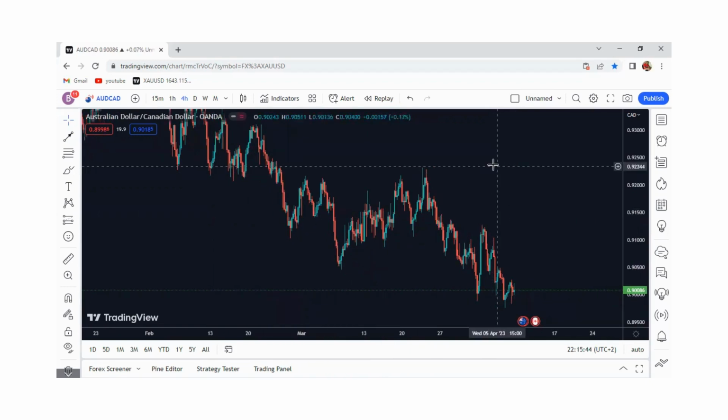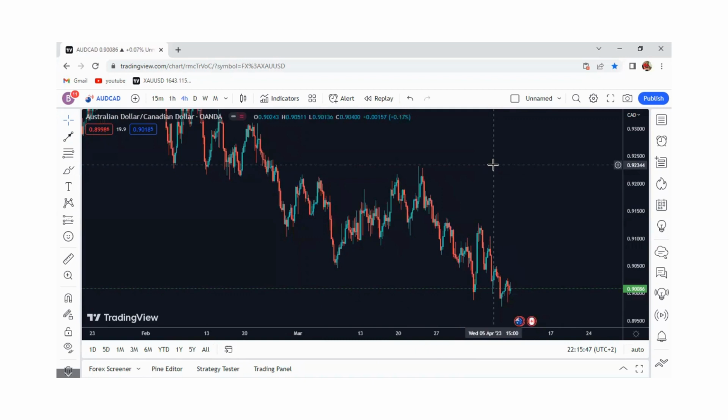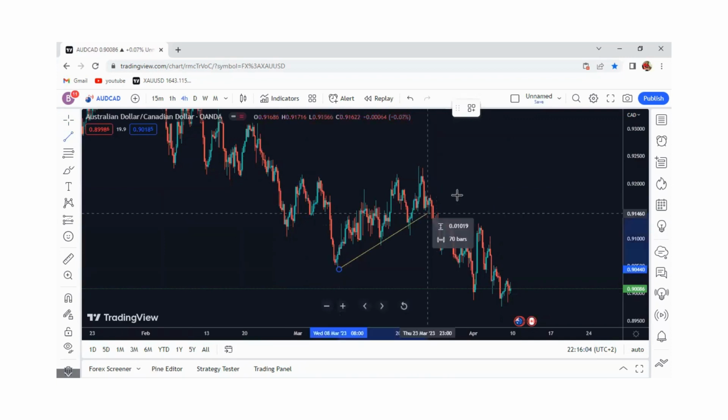I'm just going to show you the two best entries that make me profits, that really make me money. These two entries really require you to be patient. Let me draw a trend line here so I can explain what I'm talking about.